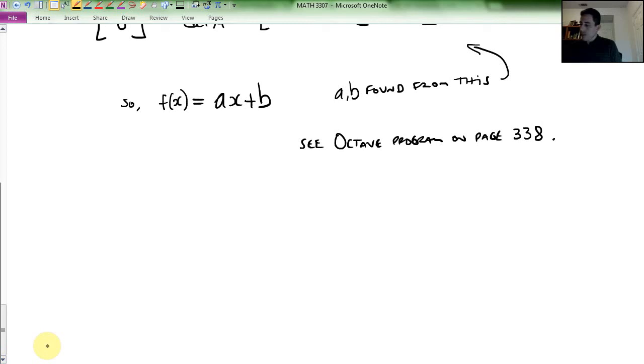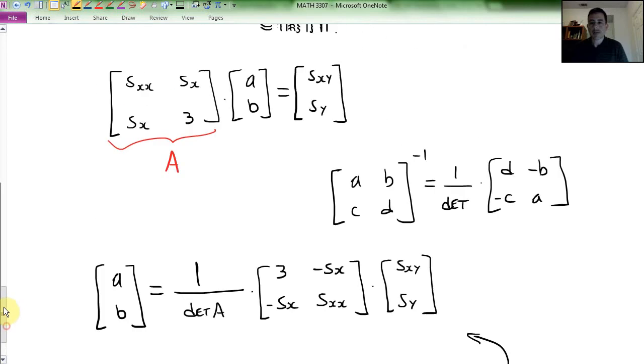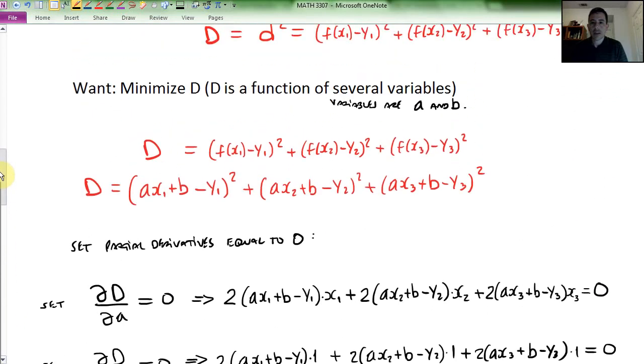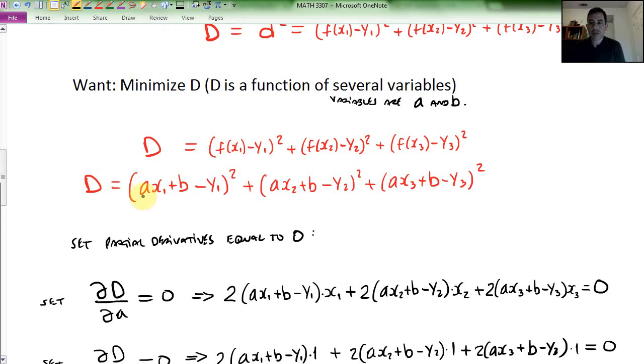Okay. Now, when you try to find the approximation using a quadratic function, the quadratic function of best fit, you would do a similar approach. So instead of using, let me go back here, instead of using the linear function, we use a quadratic function.